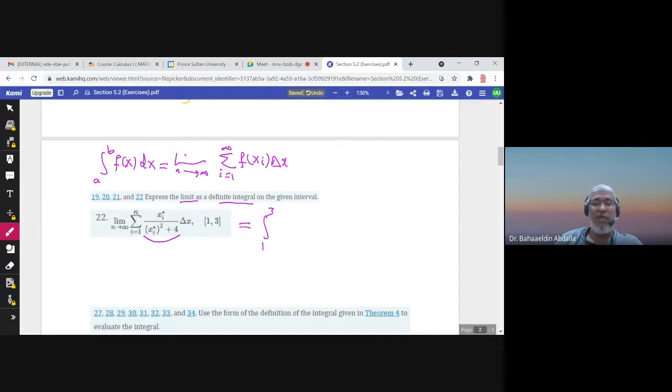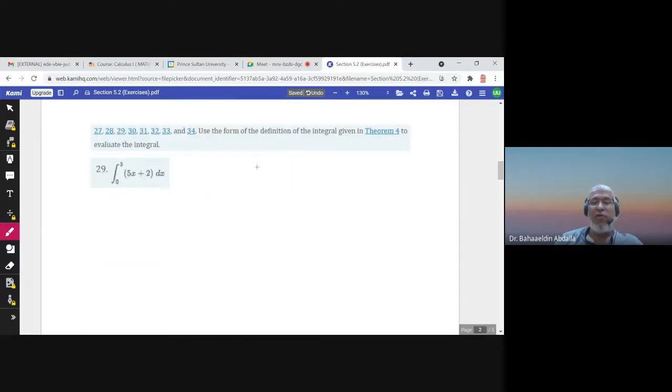F of x is exactly this one without i and without the star. Okay, so this is x squared plus 4. So this is f of x. And then you put dx. So that's the answer. We expressed the limit as a definite integral.